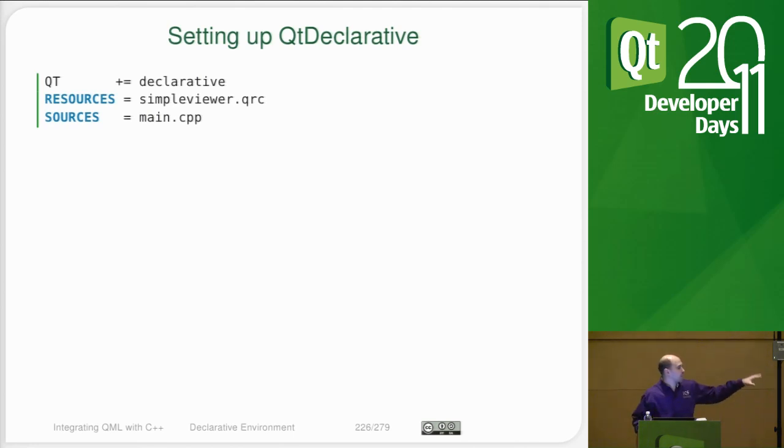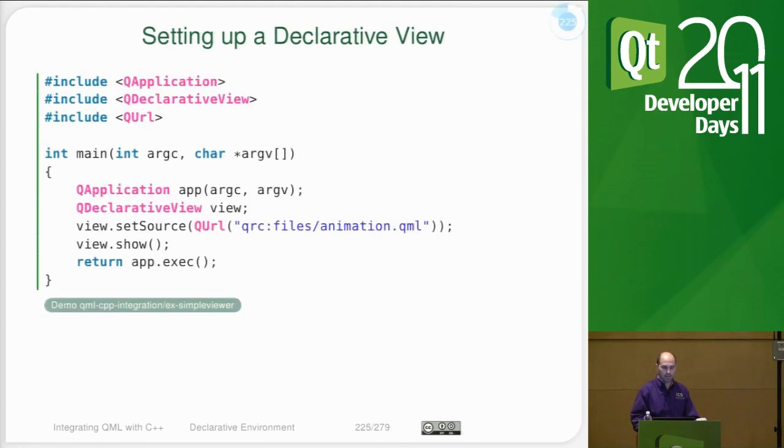Now, when it comes to resources, your QML can actually be stored in the Qt resources. So that when you say setSource, here is qrc:/files/animation.qml. This is coming from the resources. And remember that everything is relative to the location of the QML file that you are running.